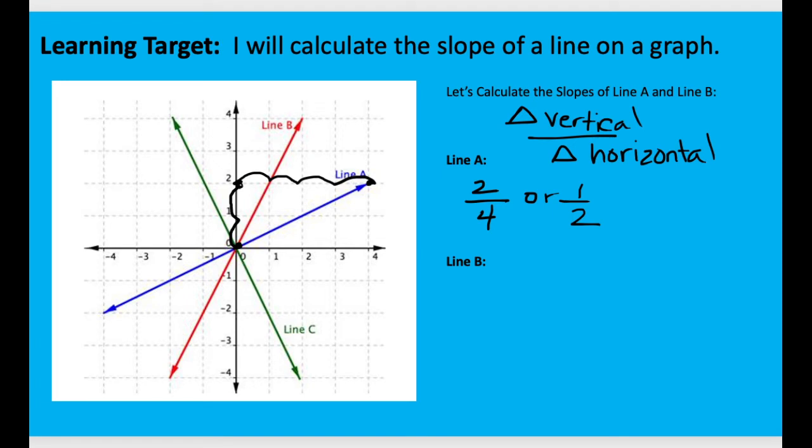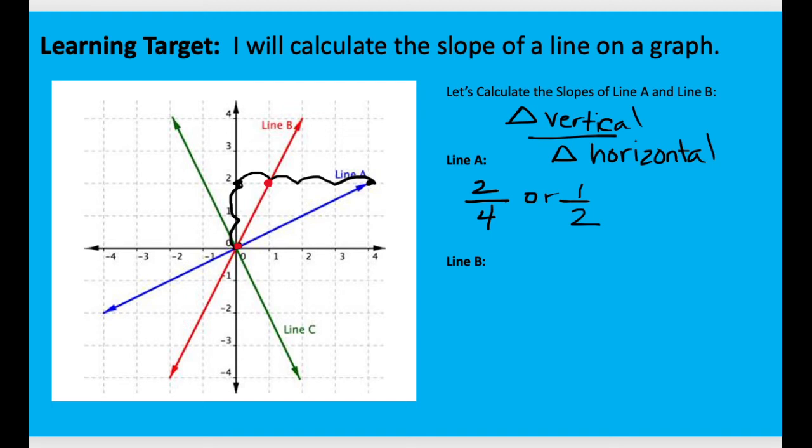Line B looks much steeper, so I'm predicting that the slope is going to be a number that's greater than 1/2. Let's test it out to see if that is actually true. Again, when you're using a graph to find the slope, you want to pick 2 points that are on the grid. I'm going to pick the origin again because it's also on the red line, and then I'm going to pick this point here because it's on the corner. Vertical change is the numerator.